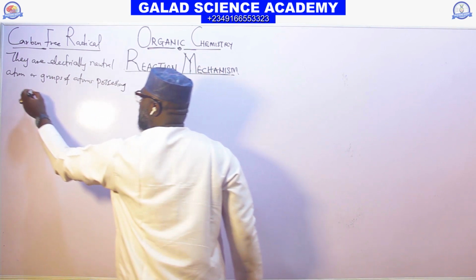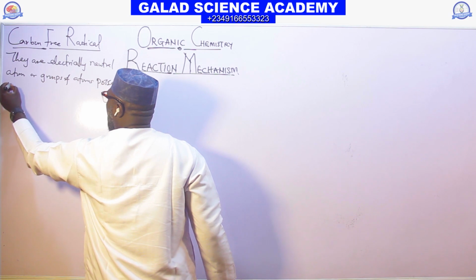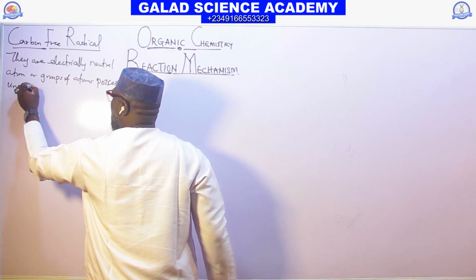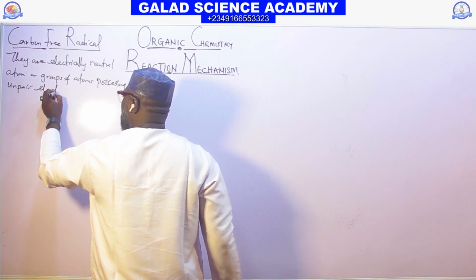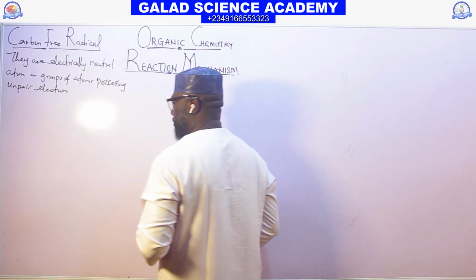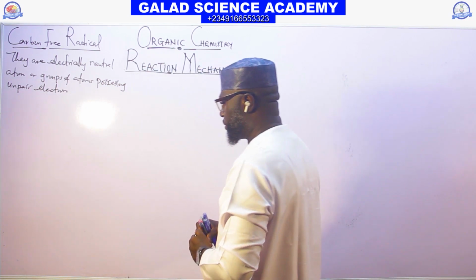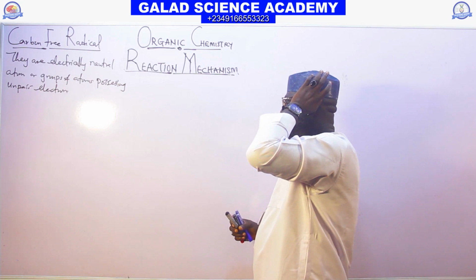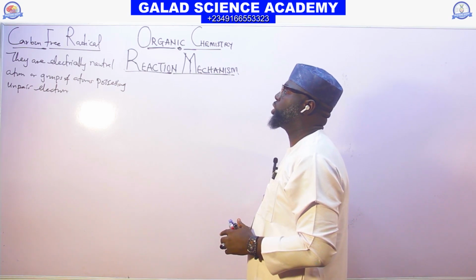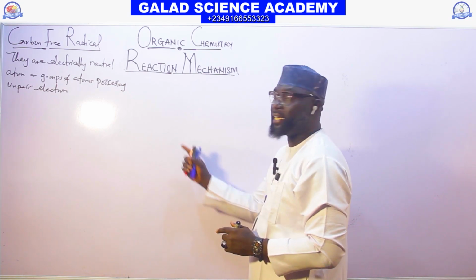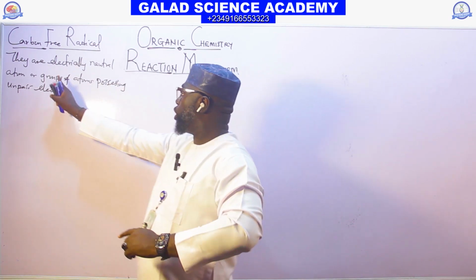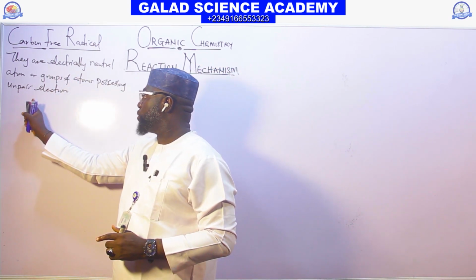Possessing unpaired what? Electron. So free radicals, they are electrically neutral atom or group of atoms possessing unpaired what?